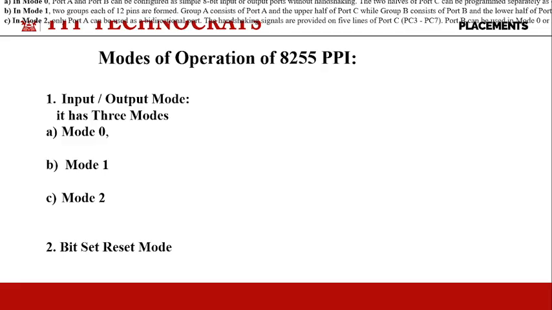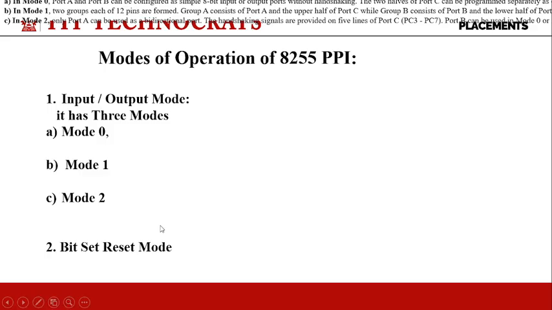This means that data can be input or output on the same 8 lines, that is PA0 to PA7, and the upper 5 pins, PC3, PC4, PC5, PC6 and PC7, are used as handshake lines for port A. The remaining pins of port C, that is PC0, PC1 and PC2, can be used as input output lines if group B is initialized in mode 0.